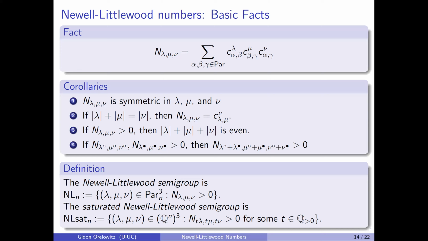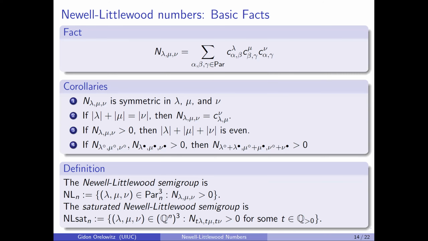But as you would expect, from the fact that the Littlewood-Richardson coefficients are a restriction of the Newell-Littlewood numbers, if you only look at the highest degree terms of the Klyachko functions, those are going to be the Schur functions. So that's how we preserve this structure constant statement.